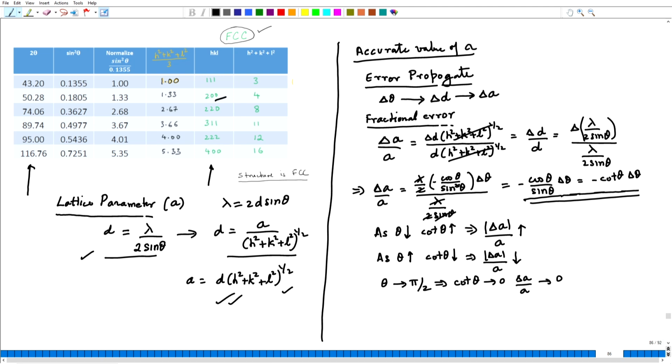So, one conclusion from here is simply that peaks at higher Bragg angle will give better values of lattice parameter.